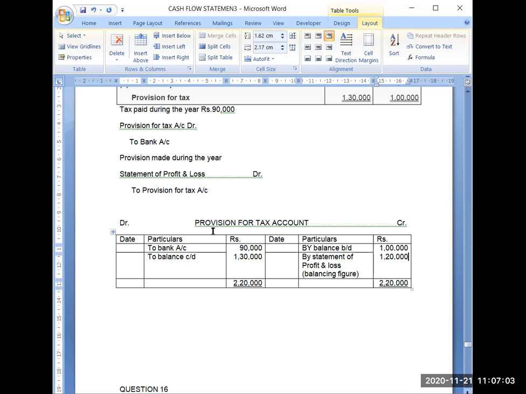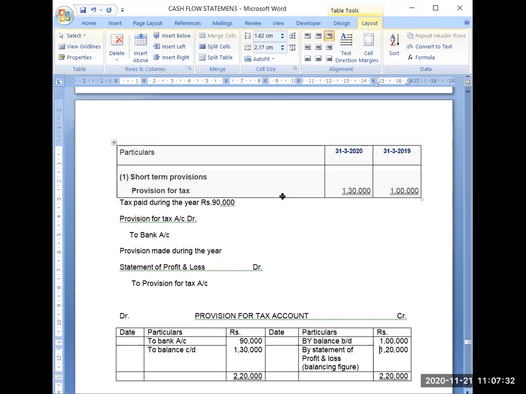So first part is that I have to calculate either of these two informations. Either I will be calculating this one if this information is given, or I will be calculating the provision made during the current year. One information will be given and one information I will be calculating. Now after calculation of this, how to use the amounts? So 1,20,000 is the provision made during the year.